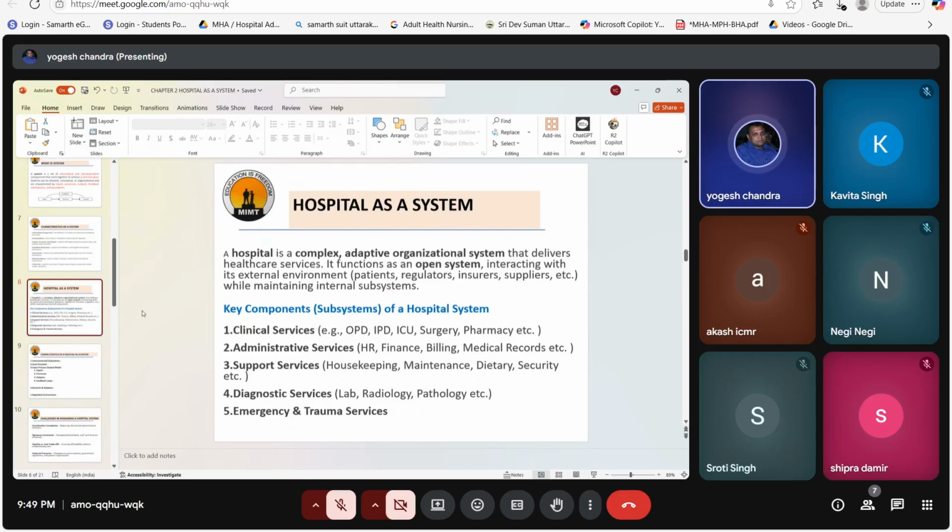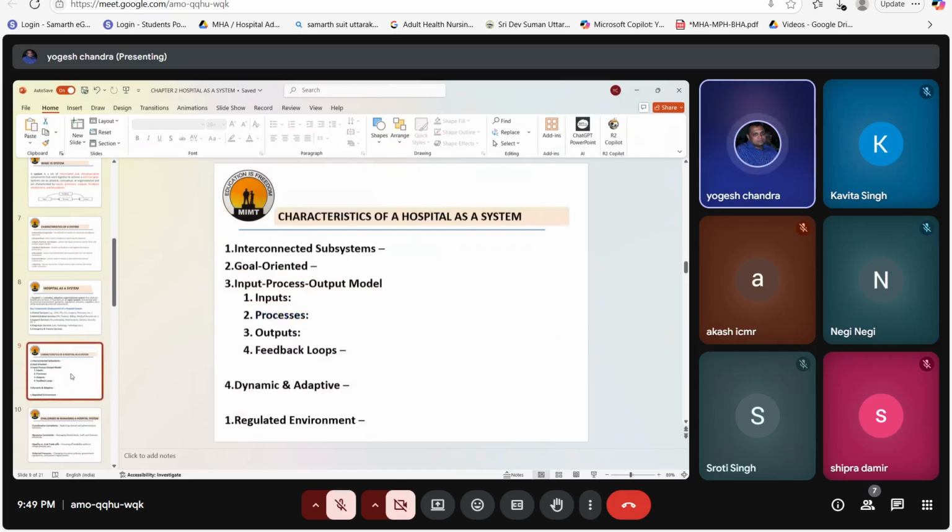But right now it is not adopted in all hospitals and medical colleges, but gradually this kind of arrangement, whichever has been told by the NMC, is supposed to be adopted by everybody over a period of time.